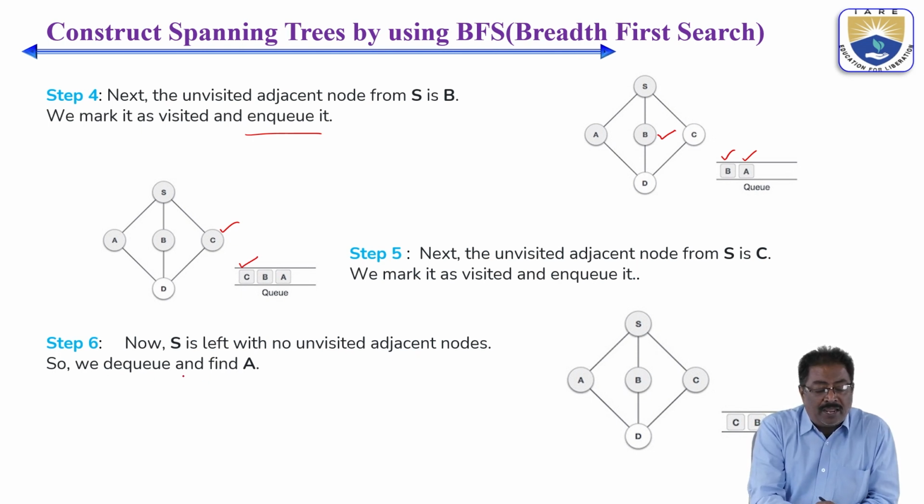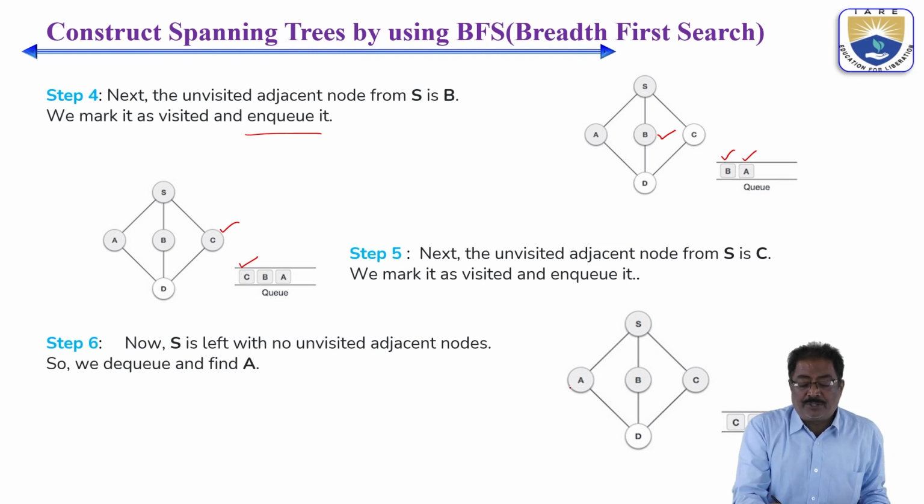So we dequeue and find A. Here we dequeue A, and we find whether any adjacent vertex from A is there or not.